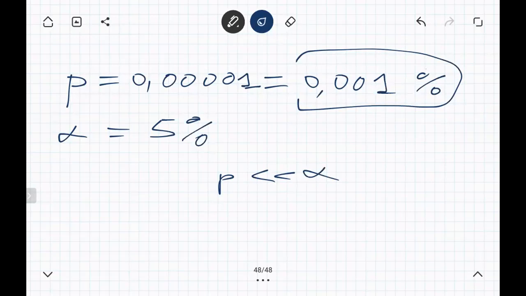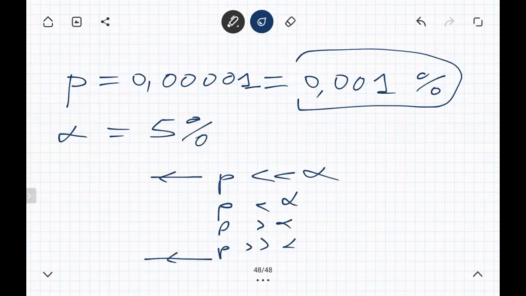There are, of course, other cases. So when your p is smaller than alpha but close to it, or larger than alpha and close to it, or much larger than alpha. So these two cases are both strong evidence.